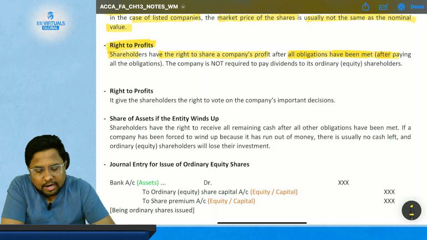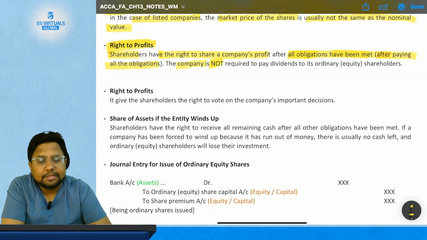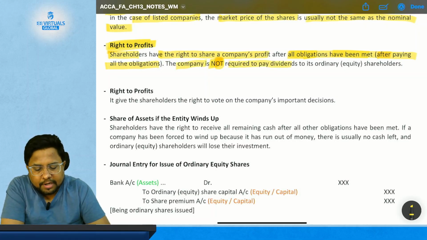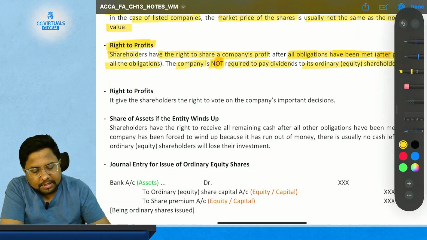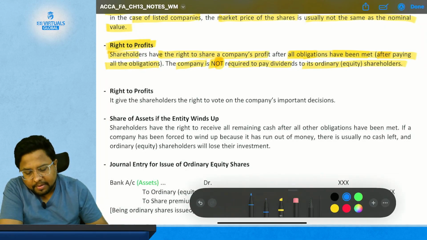That is, after paying all the obligations. The company is not required to pay dividend to its ordinary equity shareholders. That means the dividend can be paid, but this is not mandatory by law.